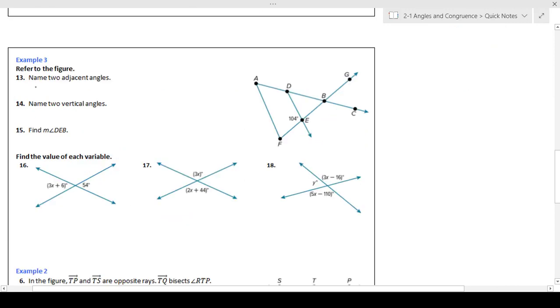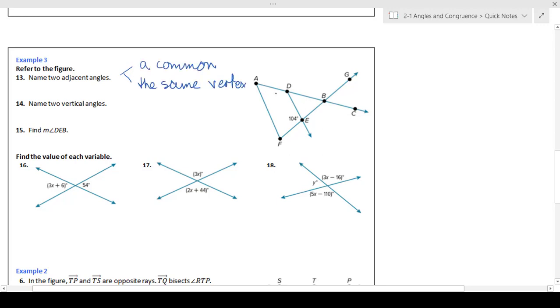Example number 3. Refer to the figure. Name 2 adjacent angles. The meaning of adjacent angles is neighbor angles: angles stuck together, having one common side and the same vertex. Then adjacent angles must have 2 conditions, a common side and the same vertex. Now, there are many.